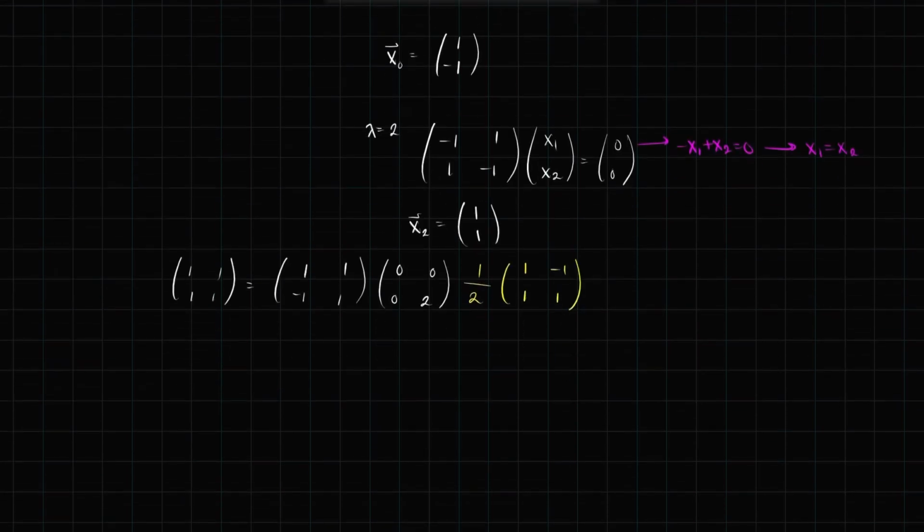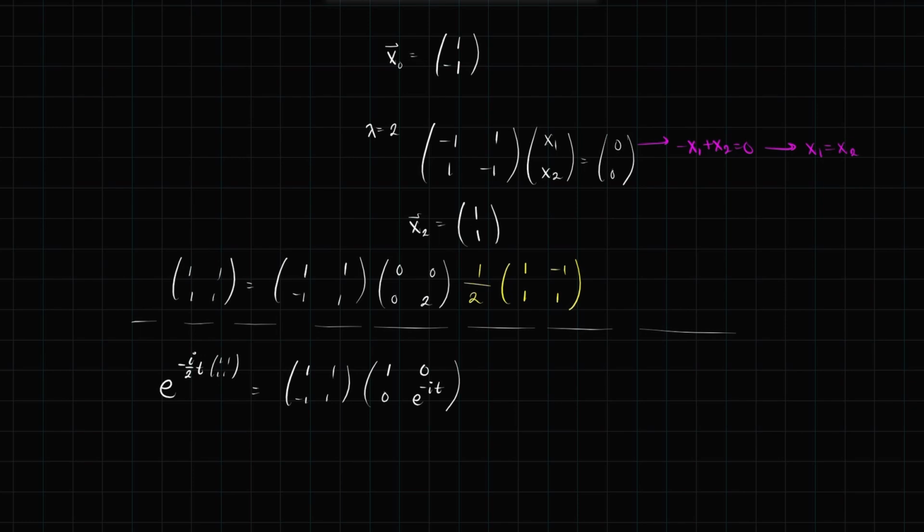So there's my diagonalization, which means I can compute the matrix exponential, e to the negative i over 2 t on this matrix, by just applying it to the diagonal. What I get is e to the 0, also known as 1, and then a 0, 0, and e to the negative i t. And then I have a 1/2, 1, negative 1, 1, 1.